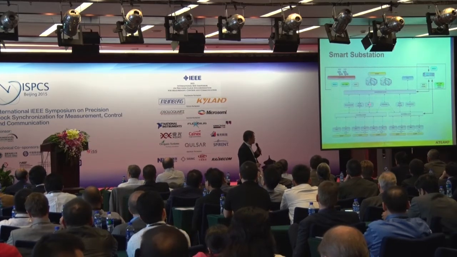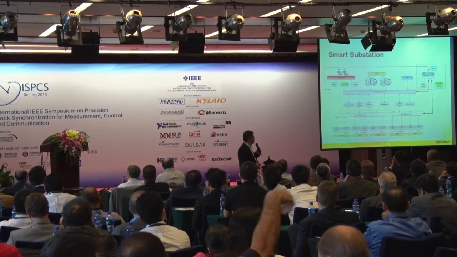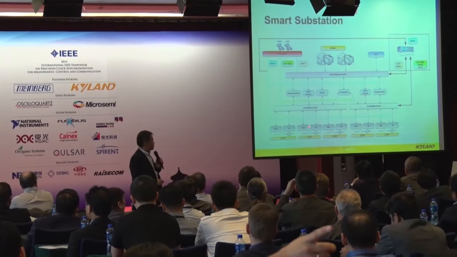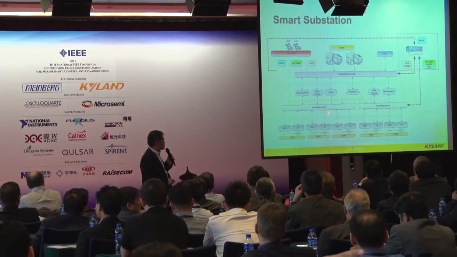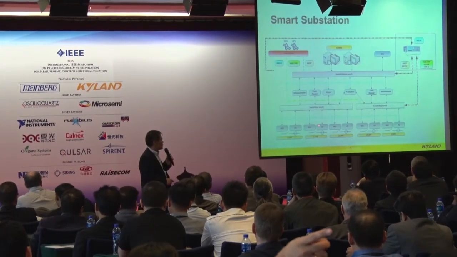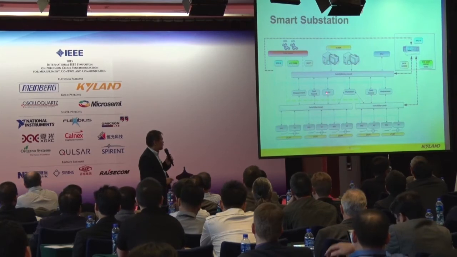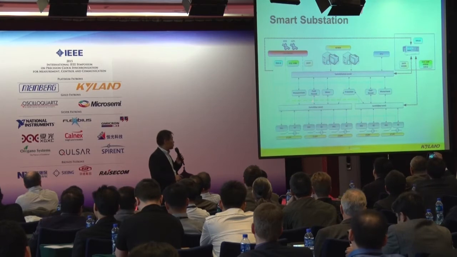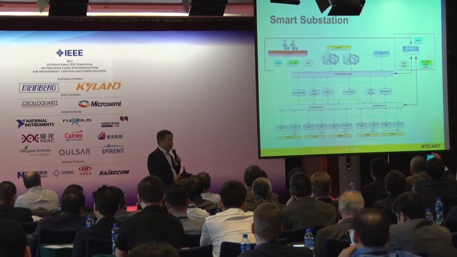Sometimes some IEDs take sampling data from different merging units. If you lose the time synchronization, the IEDs, especially the protection relays, will get big trouble, maybe even misoperation of the substation breaker.